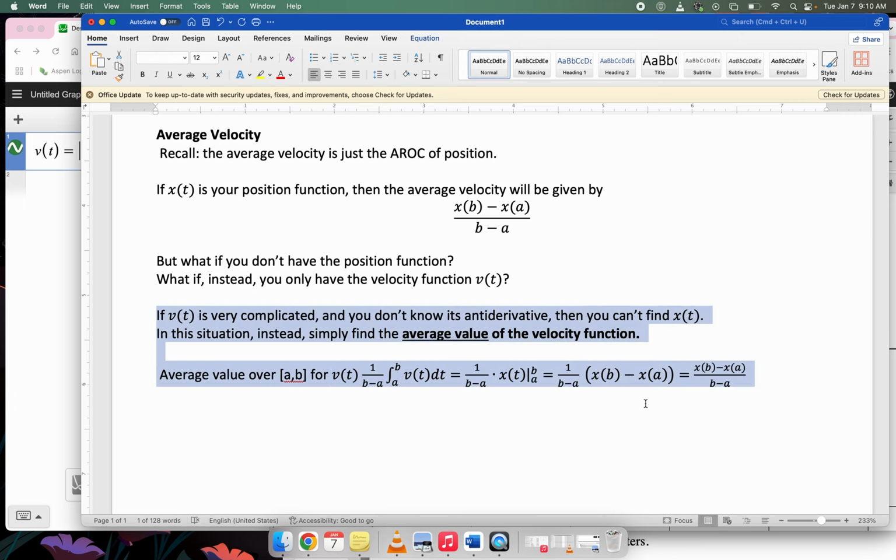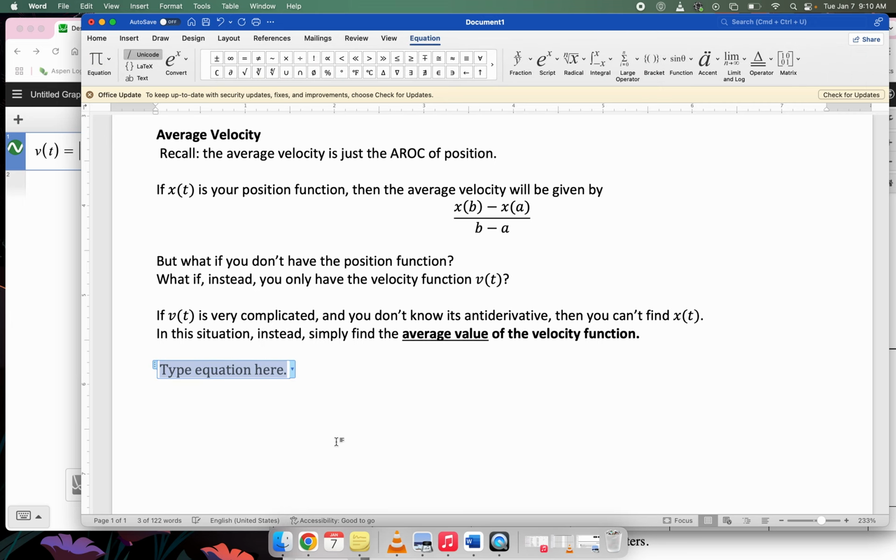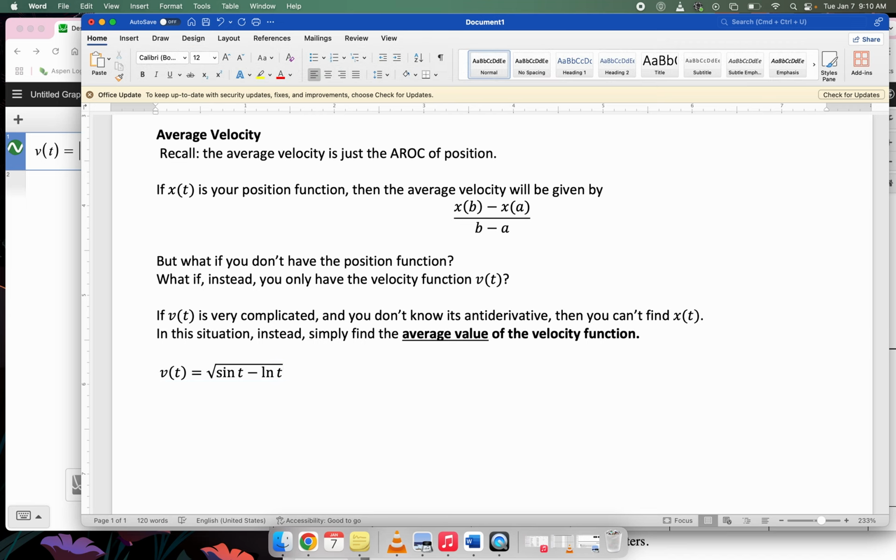But I started talking about this to explain why this idea is useful when you can't find x of t, right? So how is this useful when you can't find x of t? Well, because you can use your calculator. Do you see what I'm saying? Like, if your velocity function is some crazy thing, square root of sine t, minus natural log of t, some kind of crazy function, and you have no idea what the antiderivative is, you can use your calculator to compute the average velocity.